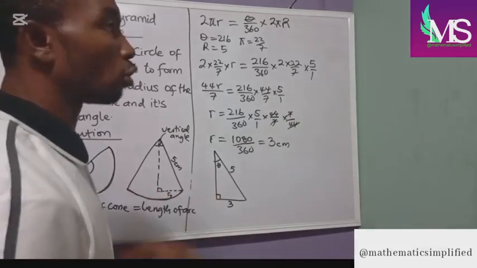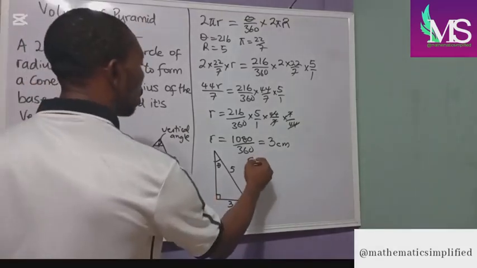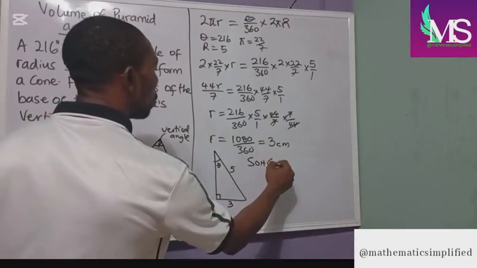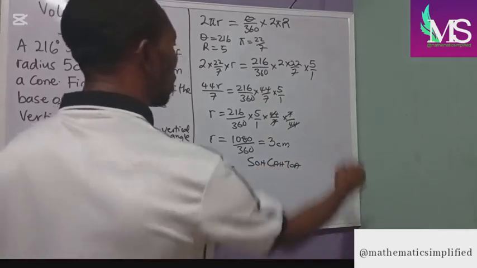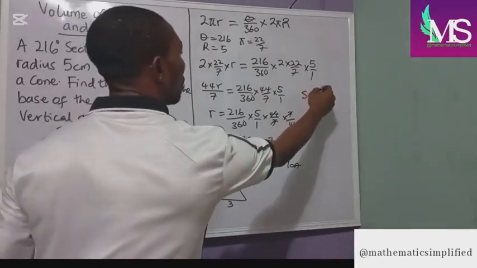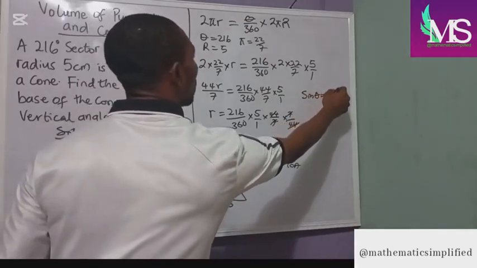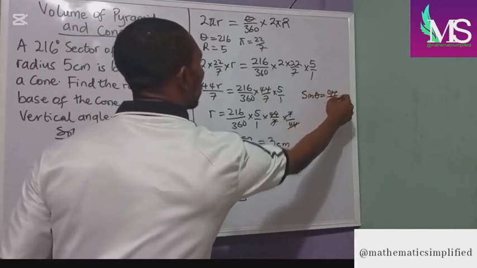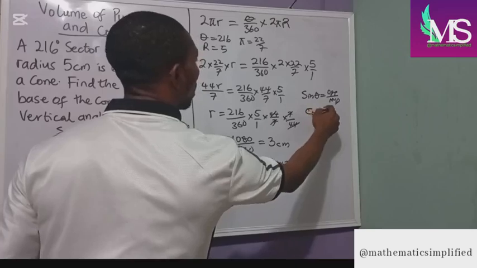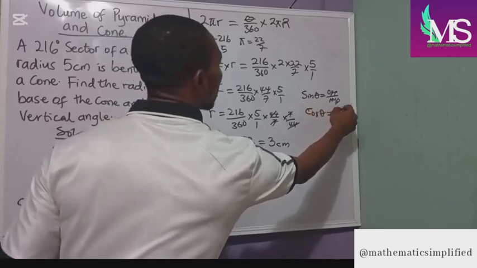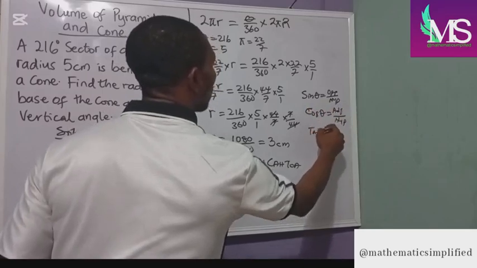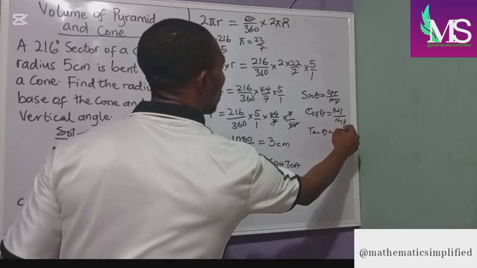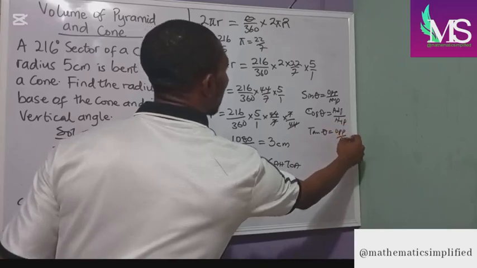But now we are going to use SOHCAHTOA. This simply means sine theta equals opposite over hypotenuse, cos theta equals adjacent over hypotenuse, and tan theta equals opposite over adjacent.